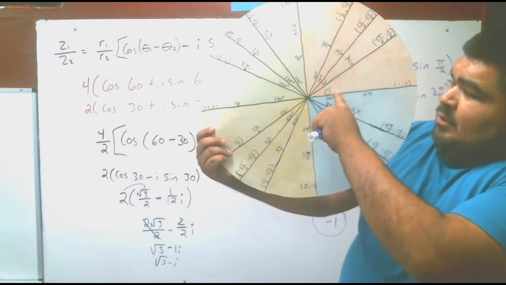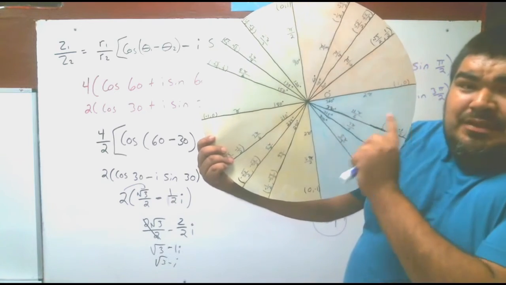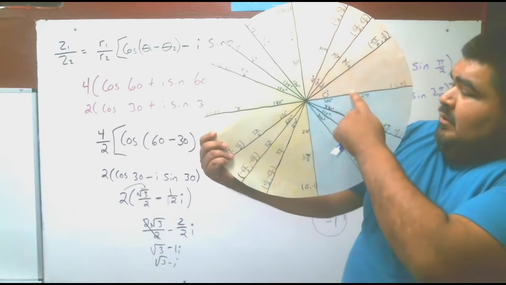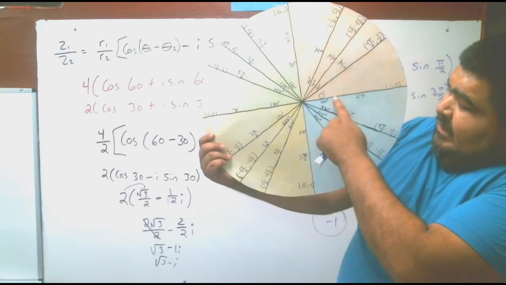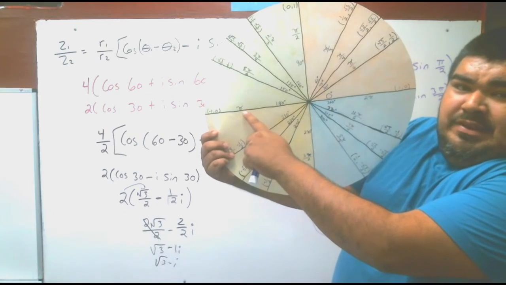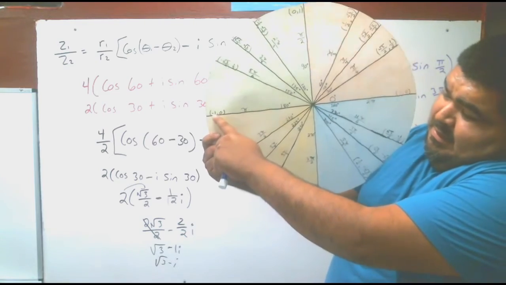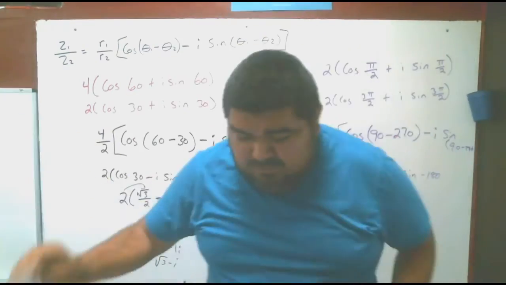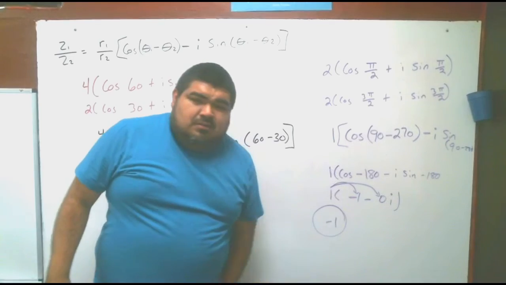The unit circle is read counterclockwise, but when dealing with negative, think of a clock. It goes the opposite. It goes from here, from 360, backwards. Since we're negative 180, we stop over here at 180. So technically, it's still negative 1 and 0. Okay, that's why we still got negative 1 and 0.